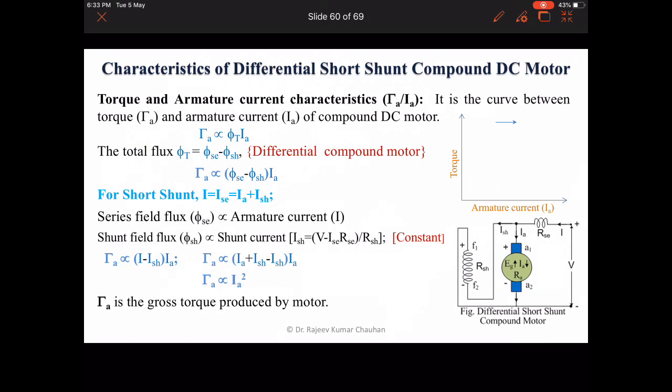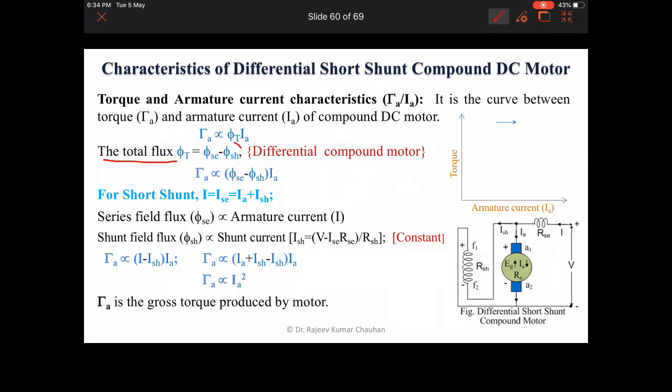Torque and armature current characteristics of a differential short shunt compound DC motor. It is the curve between the torque and armature current of a compound motor. So, tau is proportional to phi t Ia. In case of differential compound motor, the total flux phi t is the difference of flux produced by the series field winding and shunt field winding.